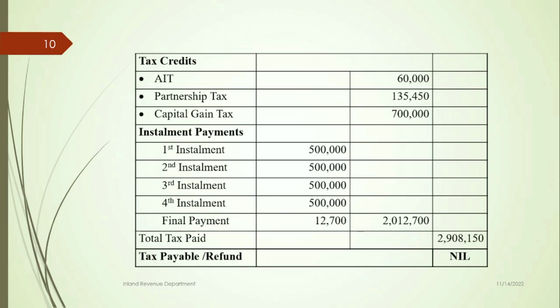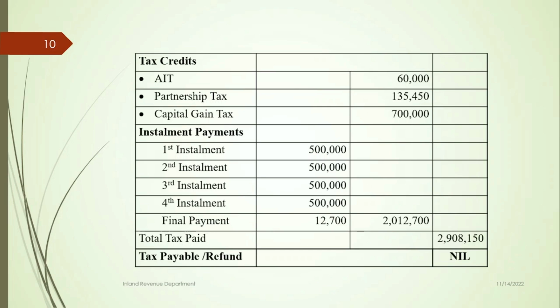And for the capital gain also, the partnership paid 2 million. Share of Miss Tilaka is 700,000. Miss Tilaka can deduct that 700,000 when she is deducting her income tax liability. And she has made installment payments and final payment, that is 2,012,700.